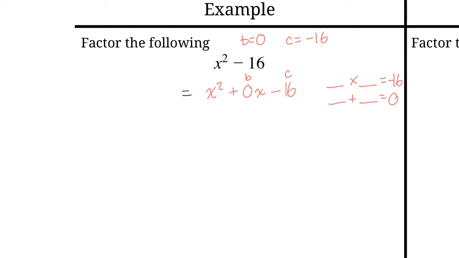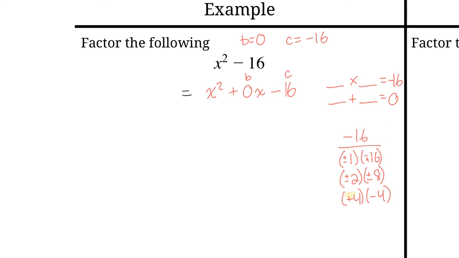So let's actually just list out our factors of negative 16. Since 16 is negative, that means one number in each pair is going to be negative and the other number is going to be positive. So we need to find the pair of numbers so that when we add them together, we're going to get 0.